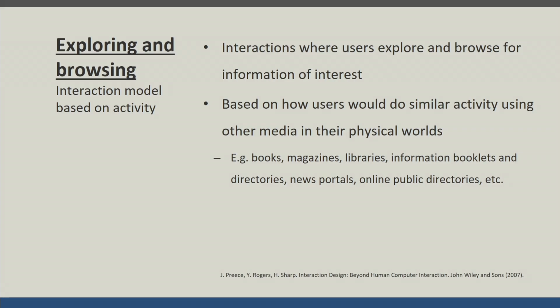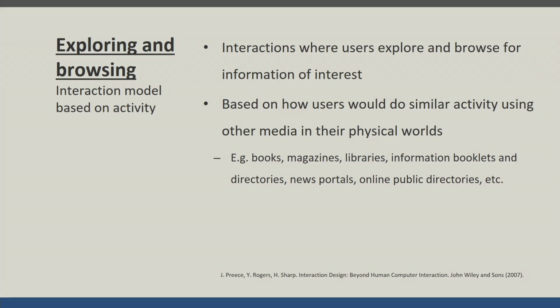The fourth interaction model is based on the activities around exploring and browsing information. Many times there are interfaces which lets you just explore and browse for an information of interest. There are several examples of these interfaces.